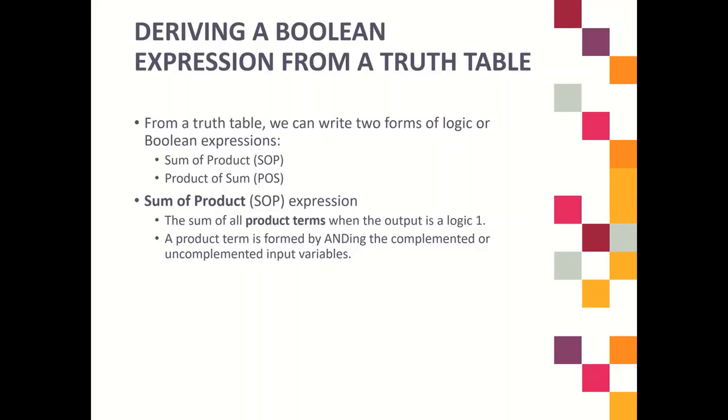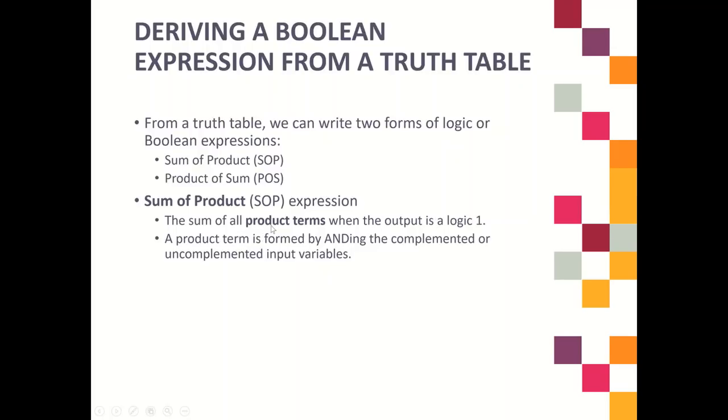That is the first key point for this expression. You need to find how many outputs in your truth table are equal to 1, and then you need to sum all the product terms when your output is equal to 1.